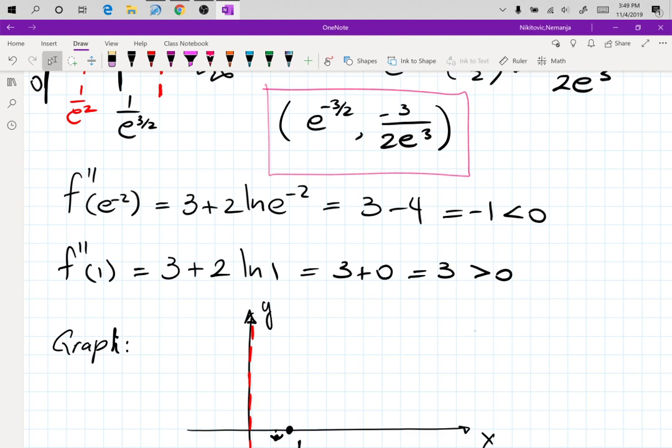So e to the negative 1.5 is about 0.22, comma, negative 0.07. So it's almost 0.1.